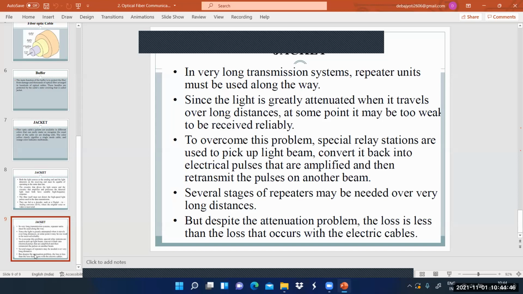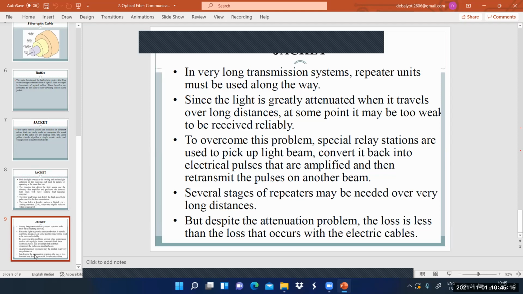When the light travels from one end to another end, it may be attenuated. When it is attenuated over a long distance, in some portion it may be lost or it may be too weak to receive reliably.